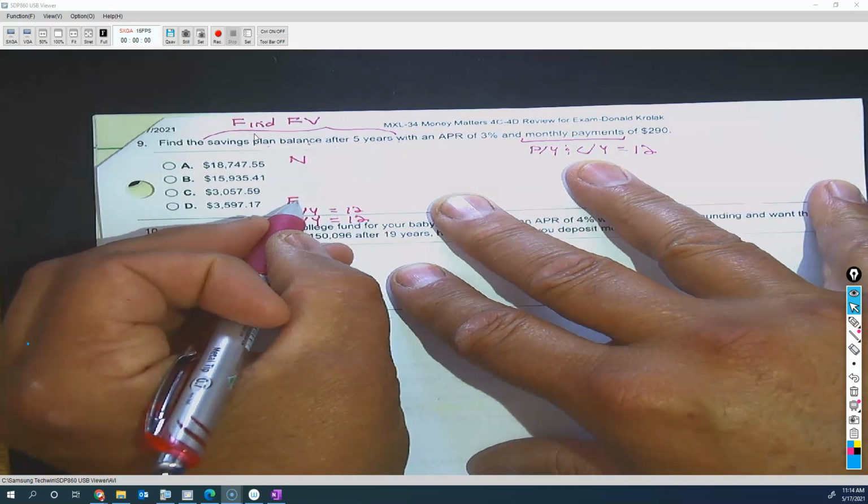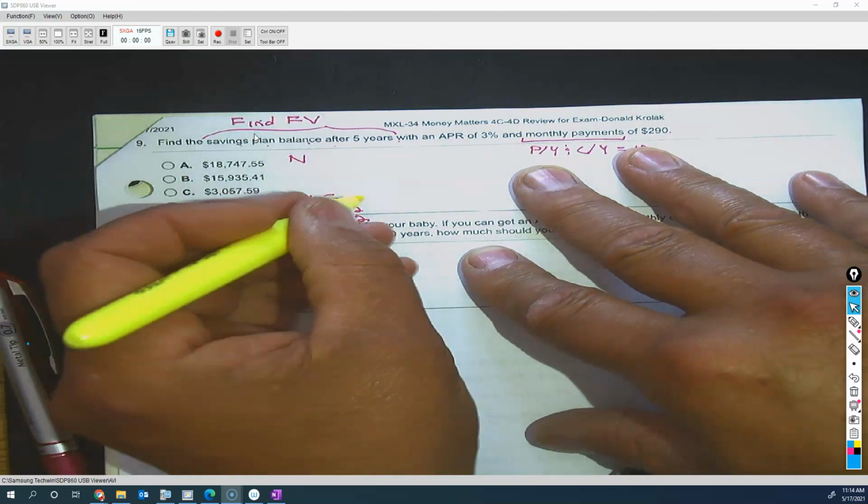Okay, future value is what we want, so nothing goes there.